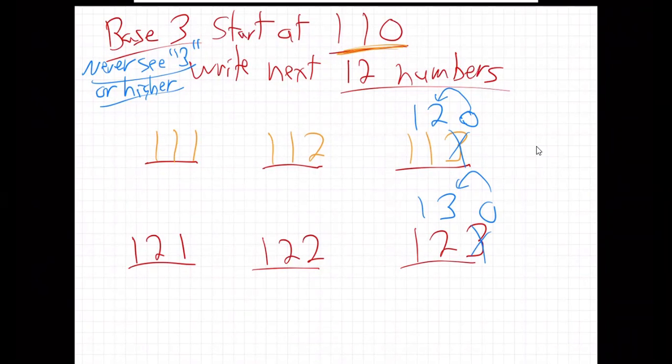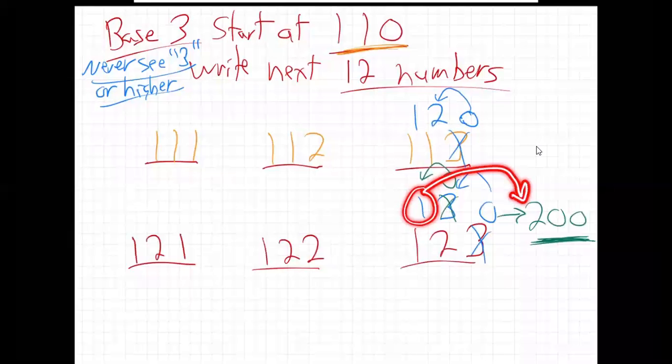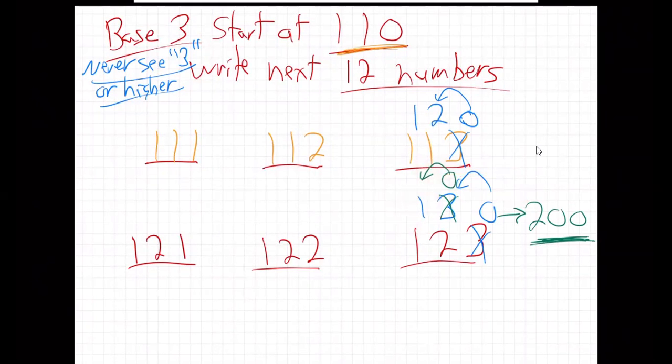Same thing. Write a 0, carry. So what's that going to become? 200. That'll become 2, because when I carry to the next column, the 1 in the furthest column to the left becomes a 2, because I carried 1 to it. Everybody see that?